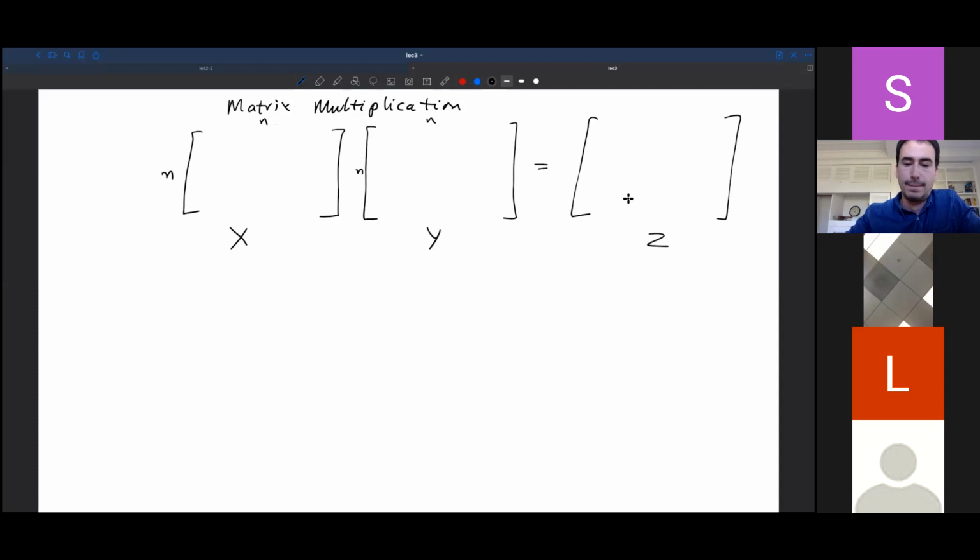Okay. So if you want to compute the ijth entry, then the way you do that is you take the ith row of x and the jth column of y, and then you multiply the corresponding elements and then you add them together, right?